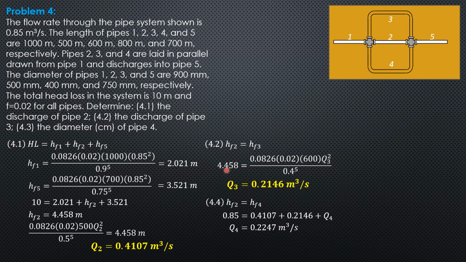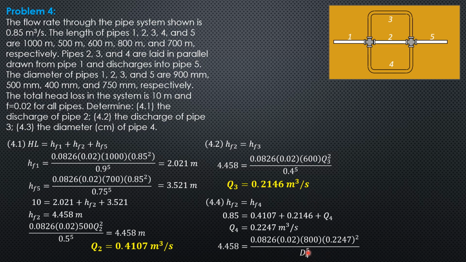So the head loss 4.458 equals 0.0826, 0.02, the length of pipe 4 is 800, then the discharge of pipe 4, 0.2247 squared, over diameter of pipe 4 raised to 5.